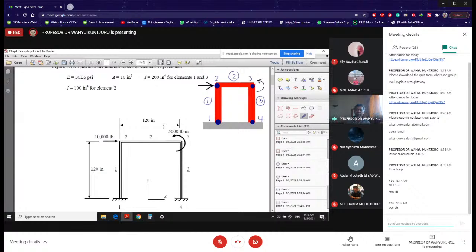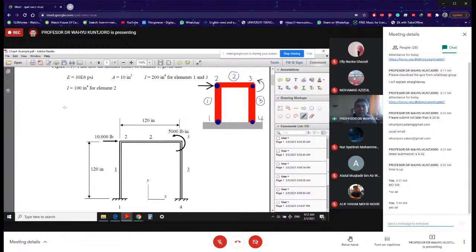For the horizontal element, number 2, the moment of inertia is 100. Please make sure that you are observant to that condition. All right, is there any question about our finite element model? Okay, no question, then let's carry on.